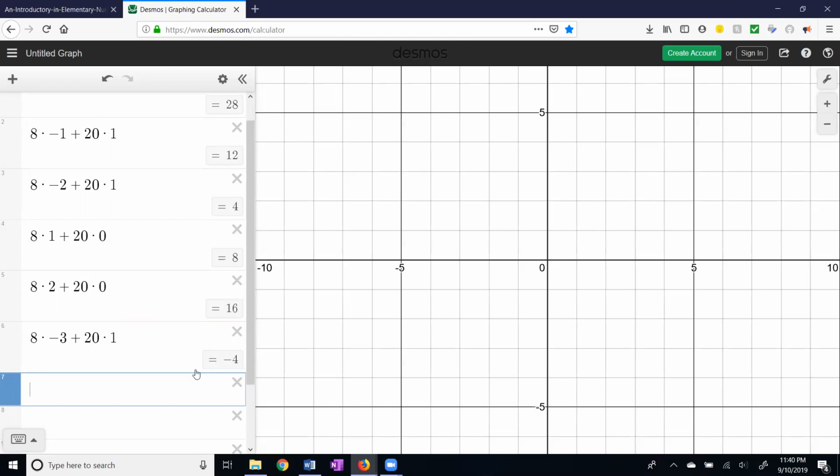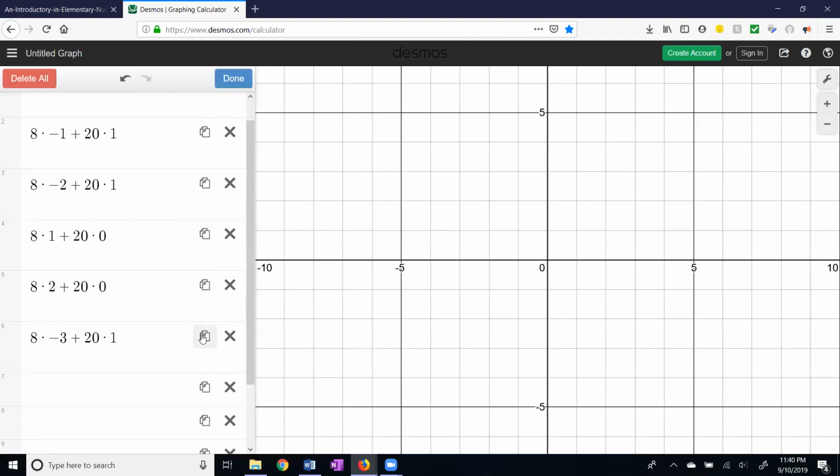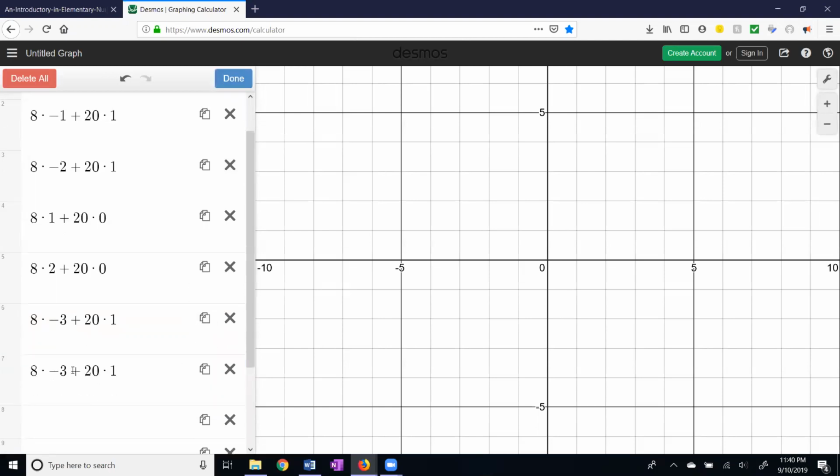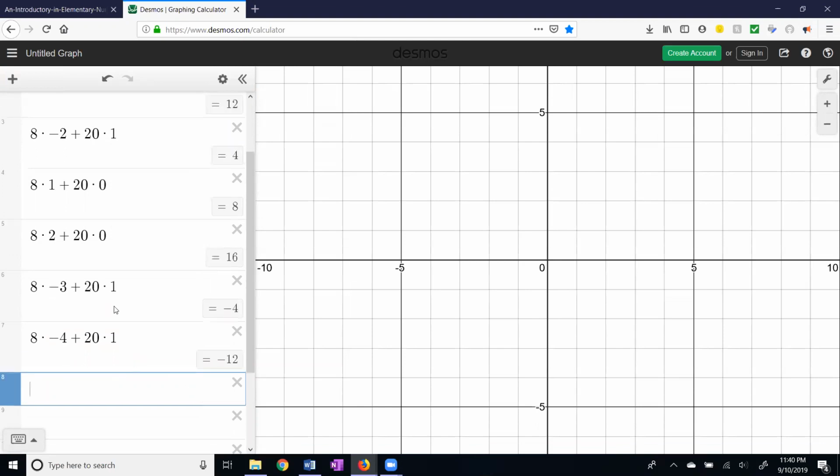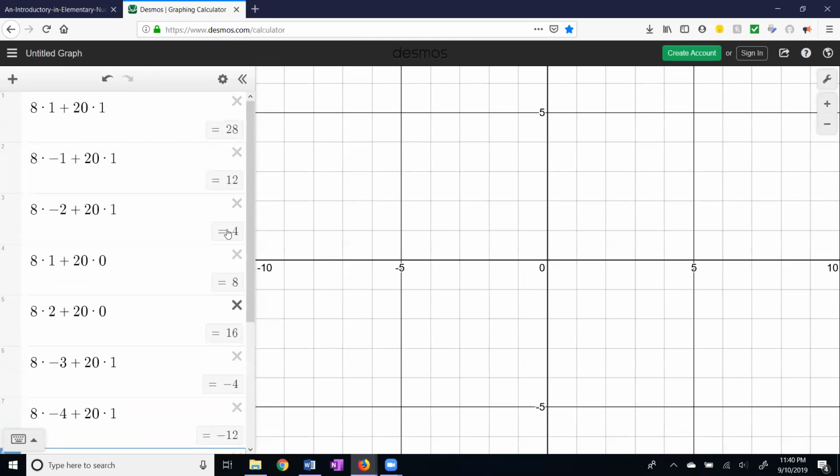I can get all kinds of negatives here. Let's duplicate this here. 8 times negative 4 would be negative 32 plus 20 would be negative 12. So I'm getting 4, 8, 12, 16, and so on, and the negatives.